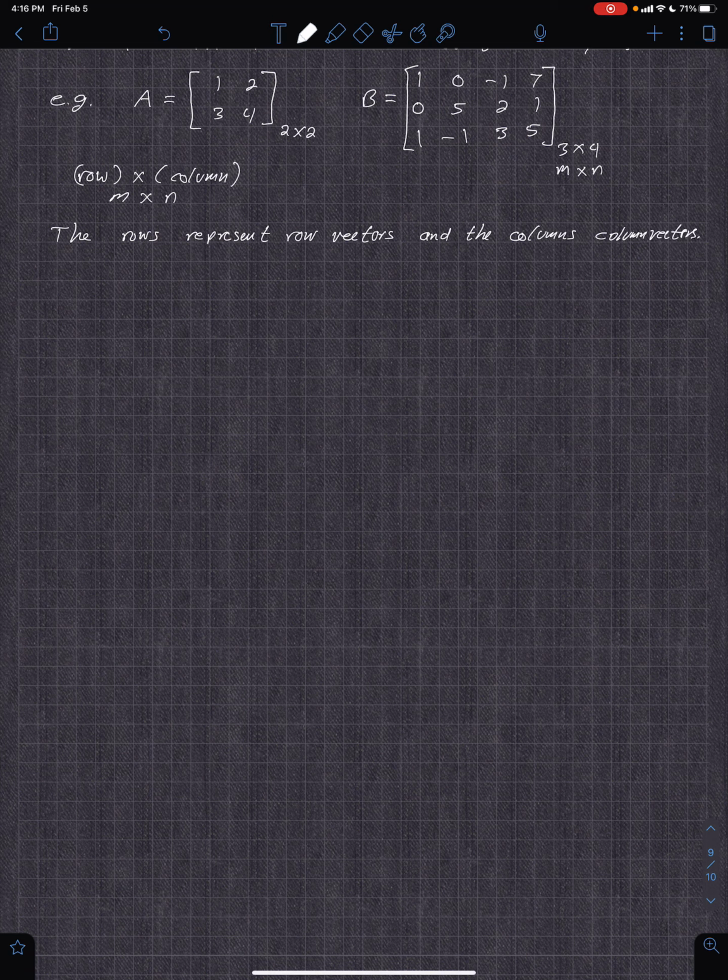Okay, so you get the idea there. So we could think of A now as, if we write the matrix like this, we could think of V and W, where V would be a row vector, so like 1, 2, and W would be 3, 4.